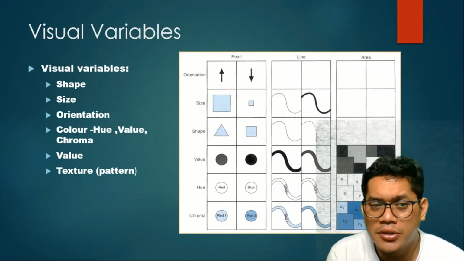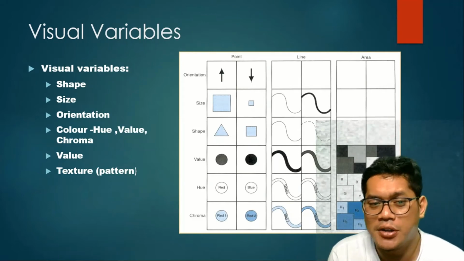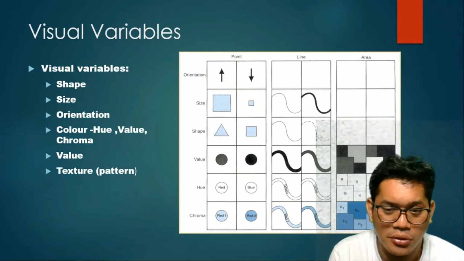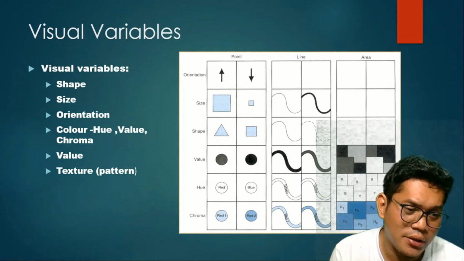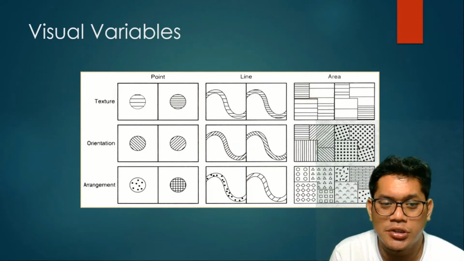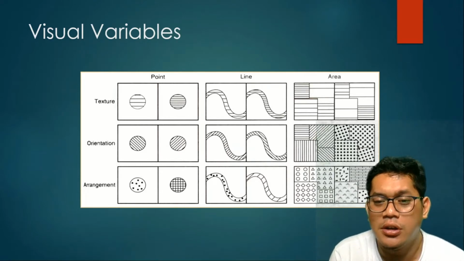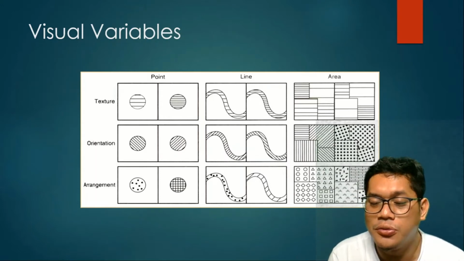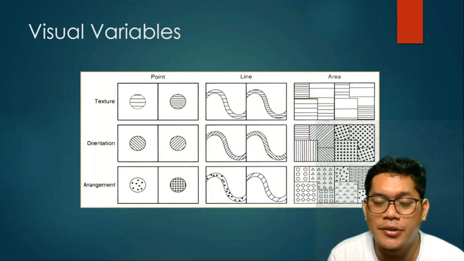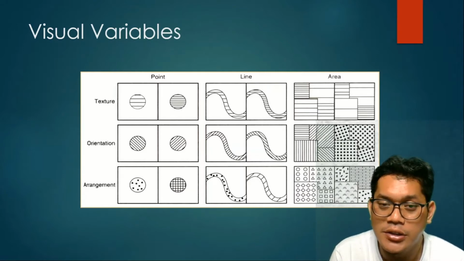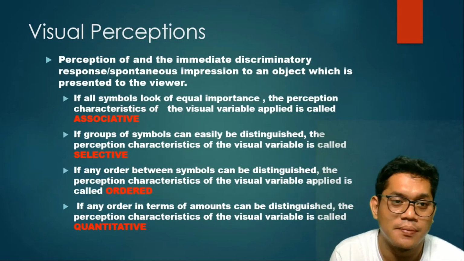The visual variables that you want to use are shape, size, orientation, color, value, and texture, based on the themes of your map. Very important. Alright, the texture, different orientations, the arrangement: not only color, you can use texture and orientation to make a variety of classes and easy identification.